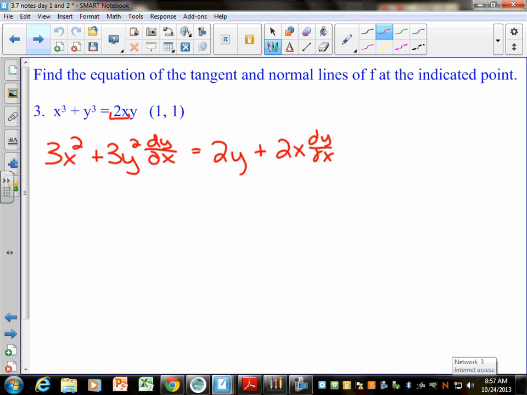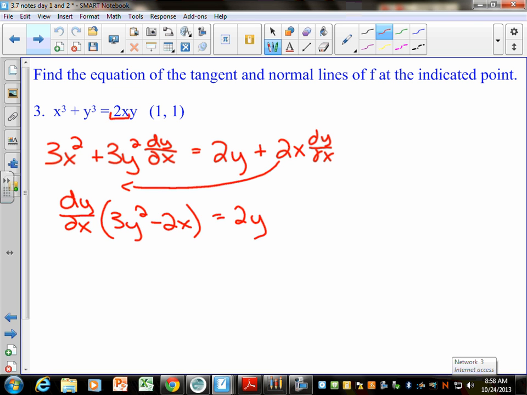When I subtract this over, at the same time I know that I'm going to pull the dy/dx out of it, so that leaves me with 3y squared minus 2x, because I moved that over. I'm going to subtract that over that way, so then I get 2y minus 3x squared. You don't have to do it all in one step. I was just showing you that.